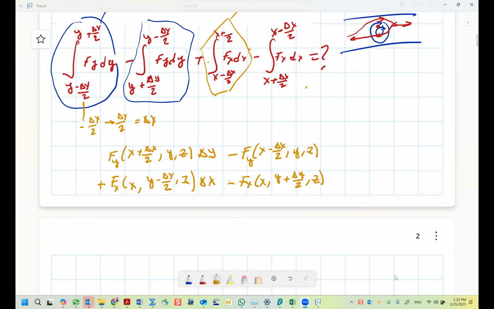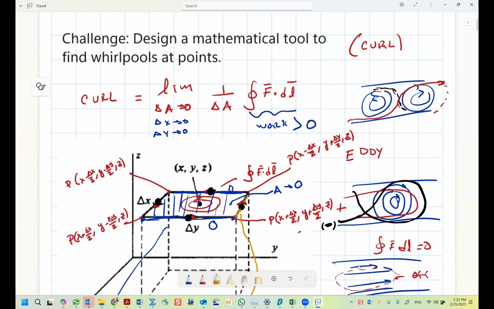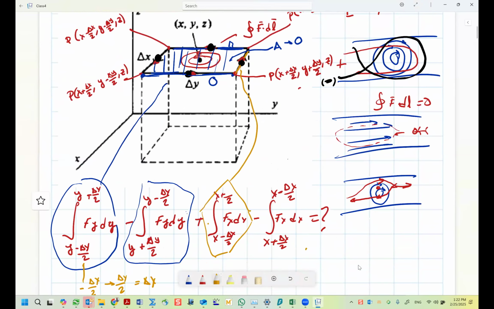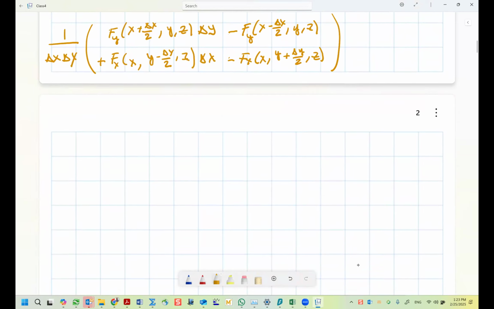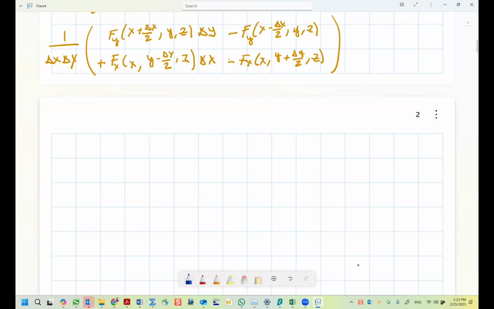Then according to the formula that we just derived, we need to divide everything by delta area, which is going to be 1 by delta x delta y. So we need to do all this. And then we reorder this equation in this way.